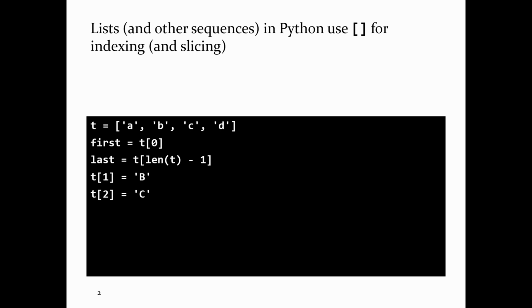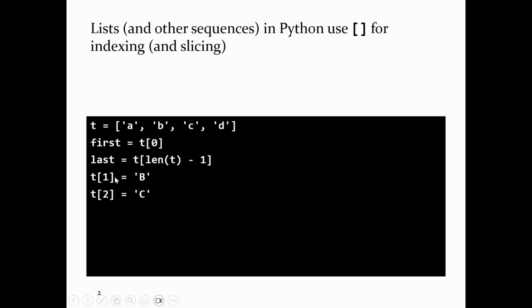To get the last element, I compute the length of the list and subtract 1, because indexing starts at 0. So for a list of size 4, the last element is at index 3. Or you can use a negative index, which is super handy: T[-1].